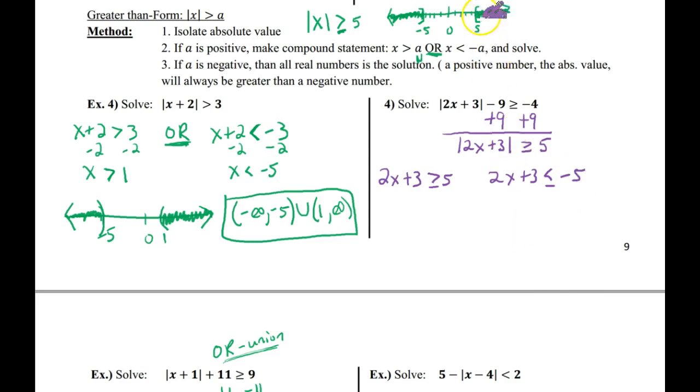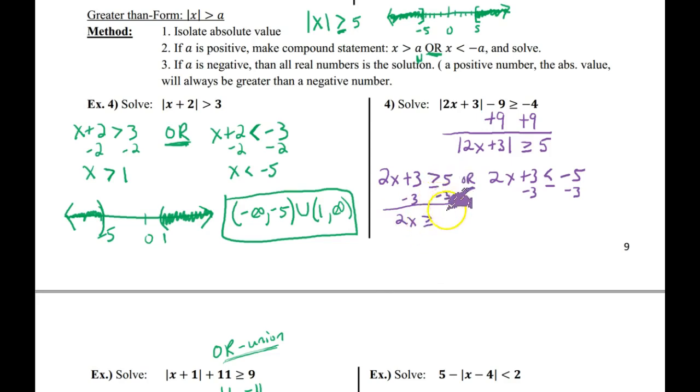So again, greater than for the going up, less than for the going down. I flip the direction of my inequality to get that negative number. And now I can solve them, keeping in mind this is an OR statement. The solution's over here or over there. So I start by subtracting 3 from both sides.